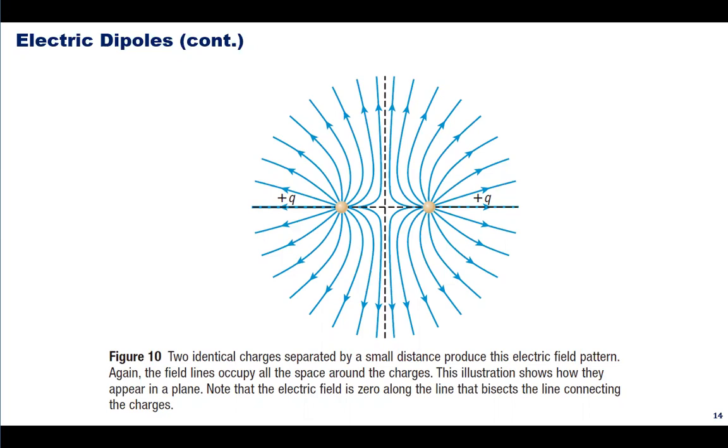Now the electric field lines extend outward from both charges. Instead of the field lines from a positive charge merging with the lines from a negative charge, the lines from similar charges do not connect at any point. This arrangement produces a disc-shaped region of zero electric field everywhere around the midpoint between the two charges.